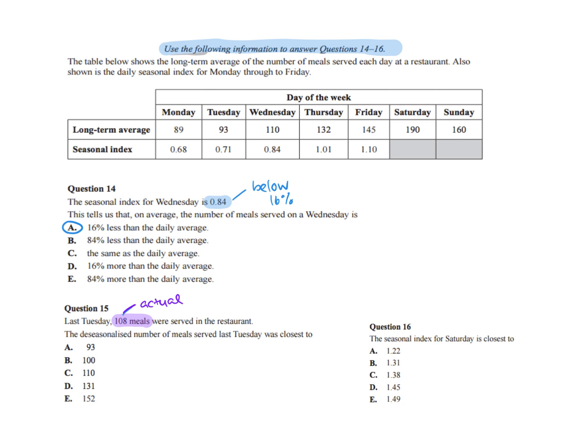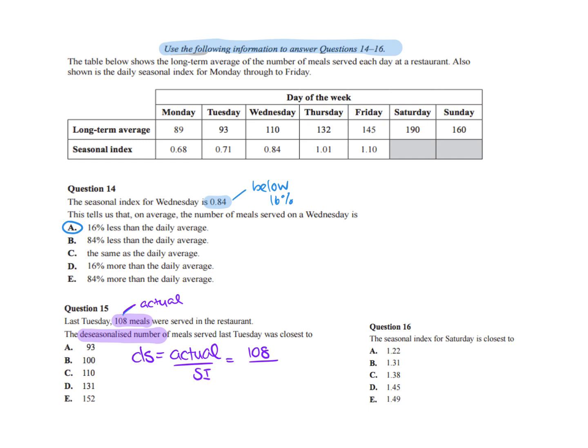So the deseasonalized value, highlight these words, they say the deseasonalized value for Tuesday. So I'm going to write the formula for deseasonalized. Deseasonalized is the actual over the seasonal index. And once I've done that, I go, oh sweet, they gave me the actual. I saw that in the question, and I must be able to get the seasonal index.